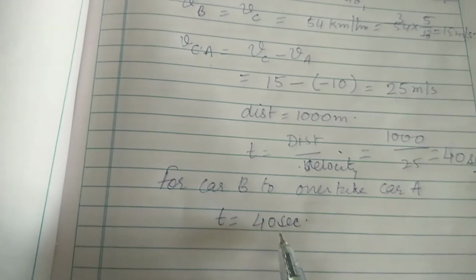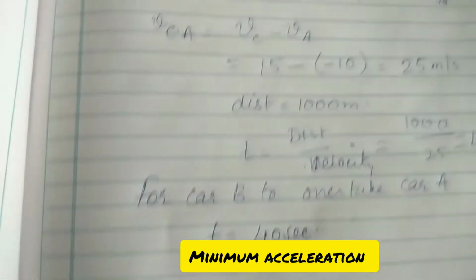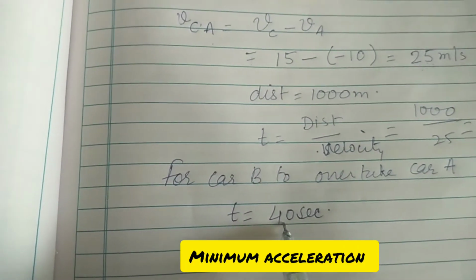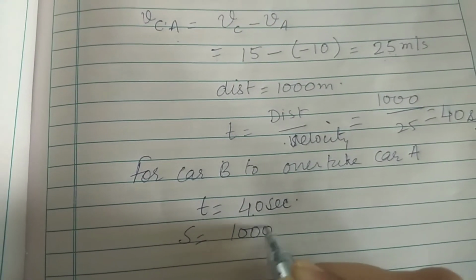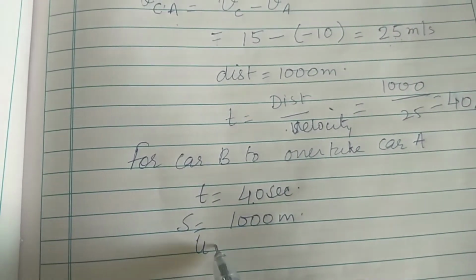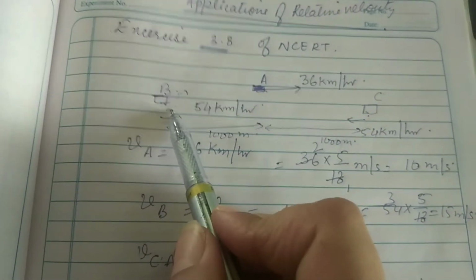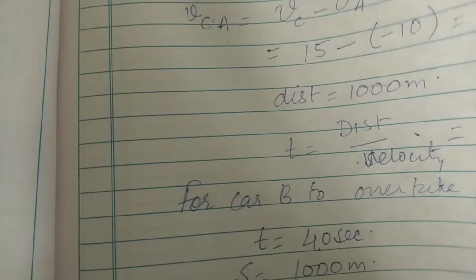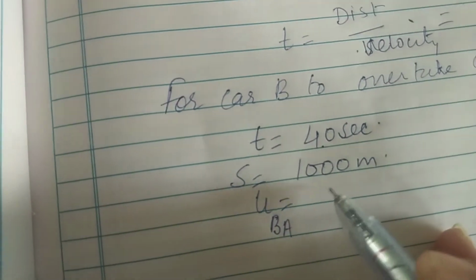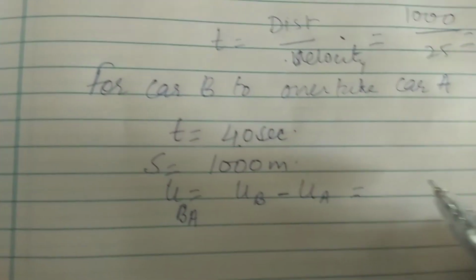Because in the question it is asked what is the minimum acceleration or maximum acceleration he has to consider. So time is 40 seconds, distance it has to cover 1000 meter, and initial velocity means before acceleration there is some velocity car B is having with respect to car A. So initial velocity of B with respect to A would be initial velocity of B minus initial velocity of A, both of them moving in the same direction.